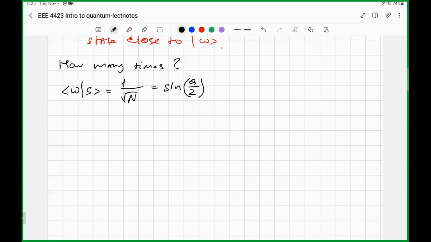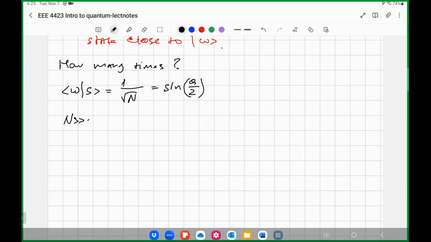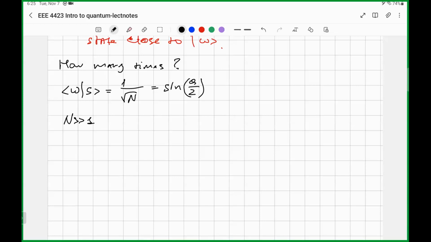Typically, or preferably, this number n is a very large number. Because if n is small, then the number of elements in the search is also small, so it's a trivial problem, and all this makes sense only if this capital N is a large or very large number.